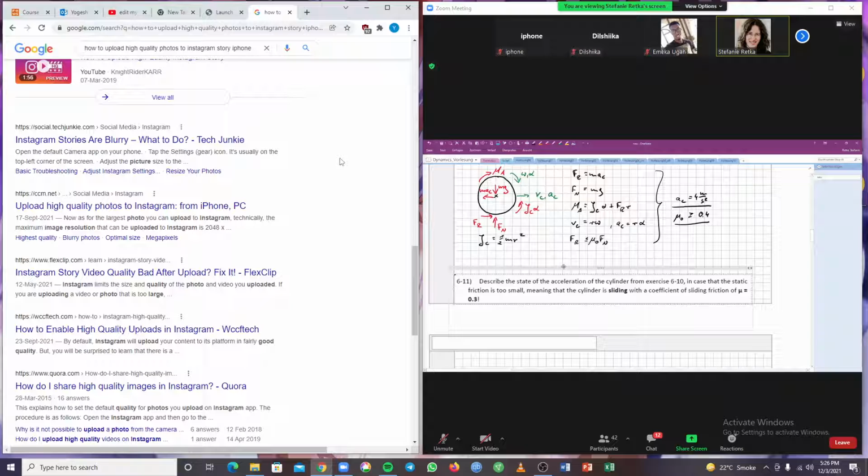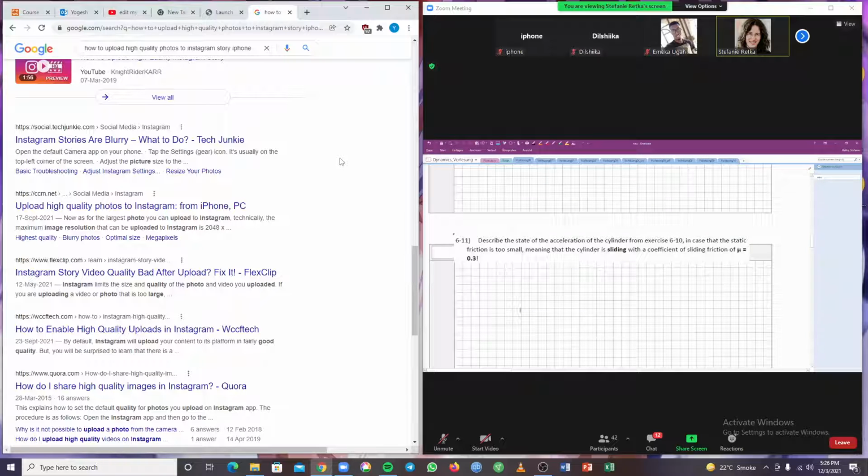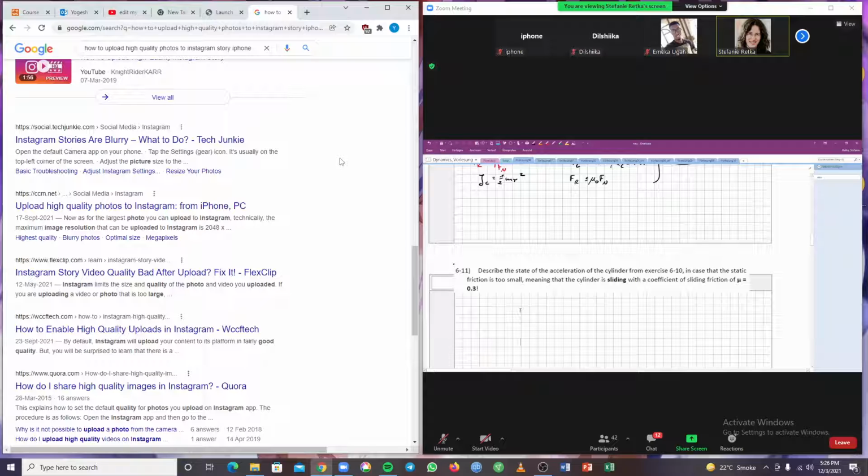So this question refers to the cylinder from the previous problem. And now we have to describe the state of acceleration in case of sliding. So assuming that the friction coefficient is too small and our cylinder starts to slide with a sliding friction coefficient.